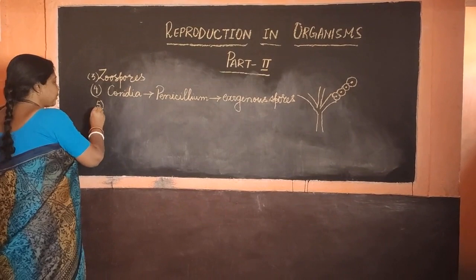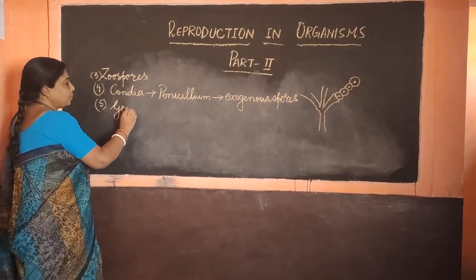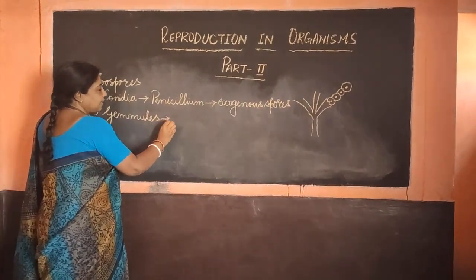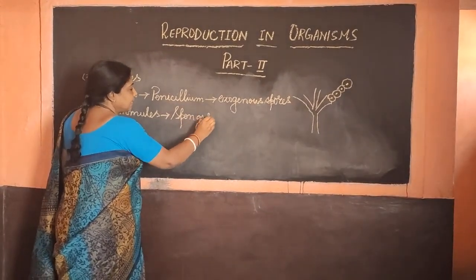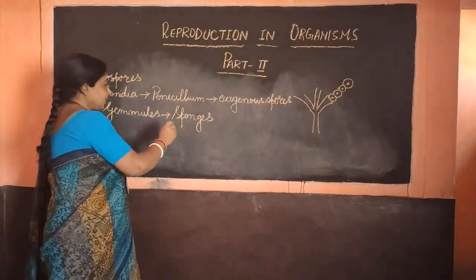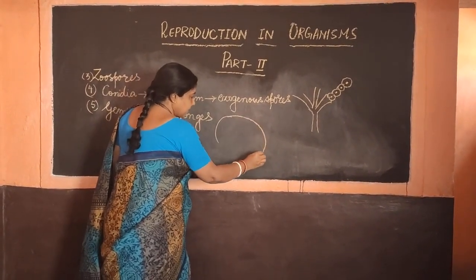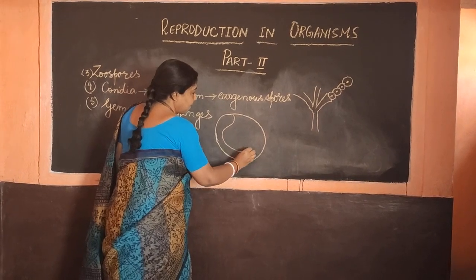Next, which is there in your NCERT book, is the gemmules. This is a very new term for you all, and this is seen in sponges. The diagram is very well given in your NCERT book. You will see a structure somewhat like this.